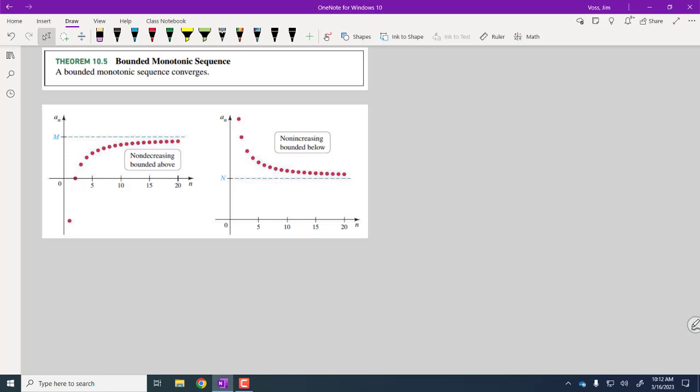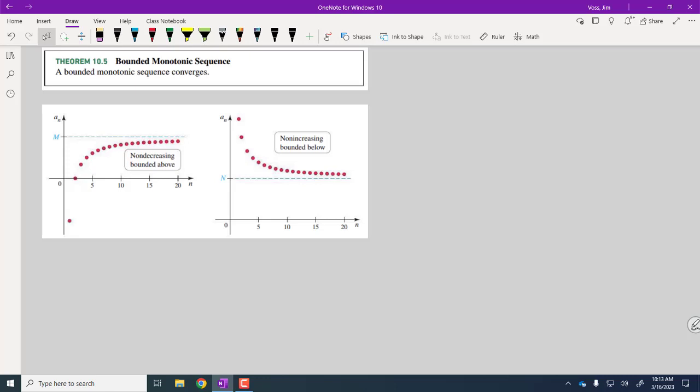So a bounded monotonic sequence has to converge. So an increasing sequence that's bounded above will converge, and a decreasing sequence that's bounded below has to converge. No choice. There's nowhere for it to hide. If it's decreasing, it's got to get closer and closer to this greatest lower bound. It has to have a limit. If it's a bounded monotonic sequence, it has to have a limit.